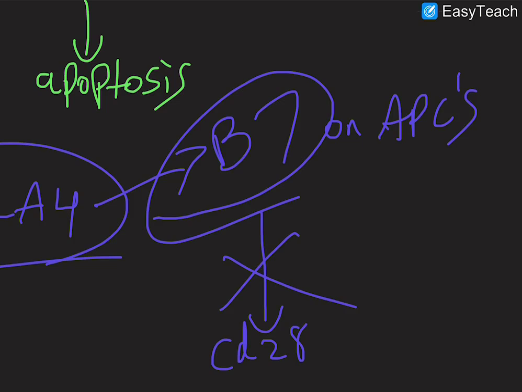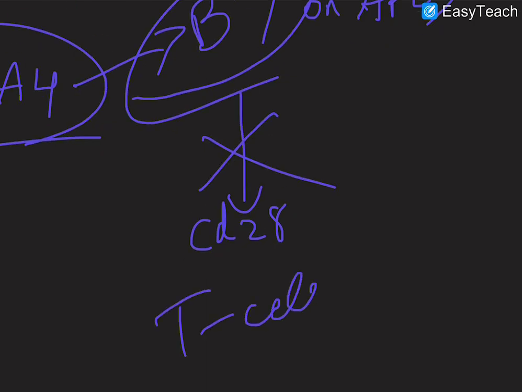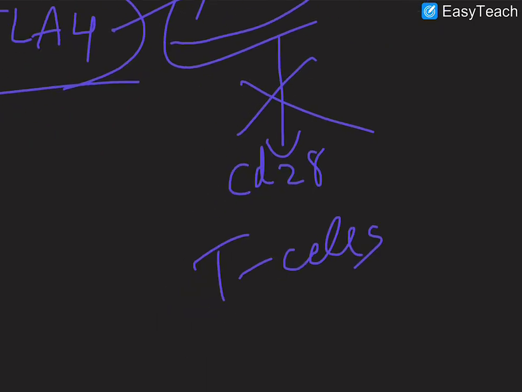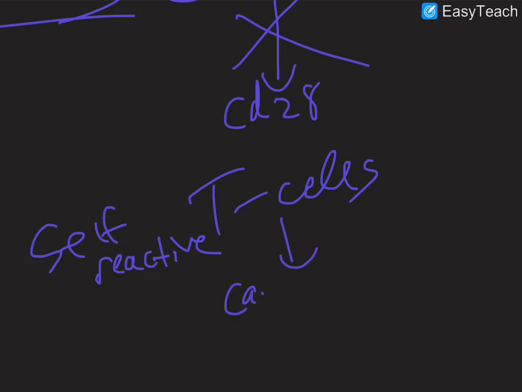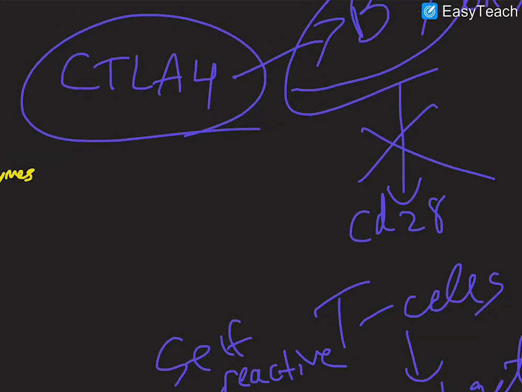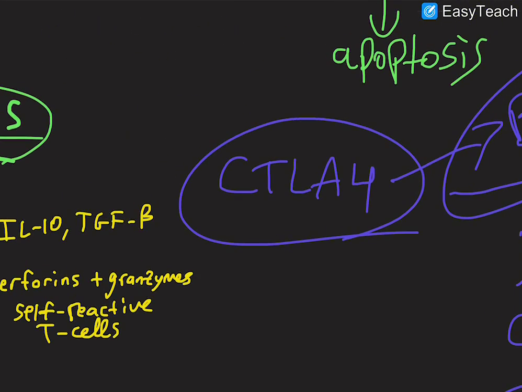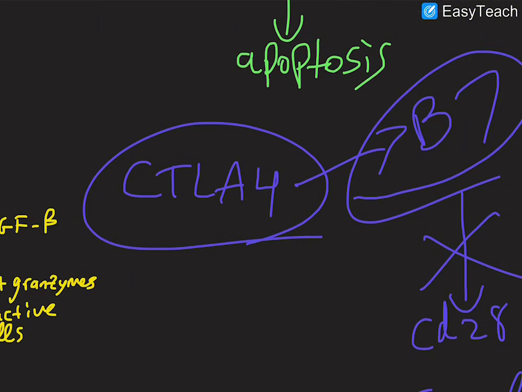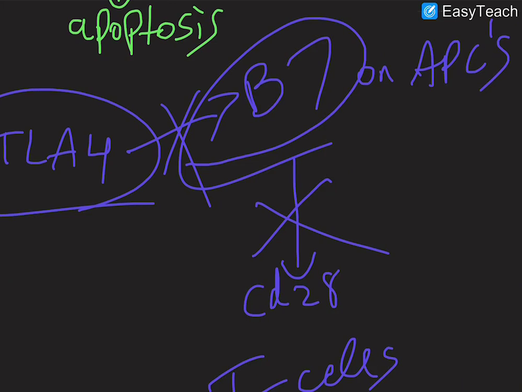On T cells. So that means T cells, in this case self-reactive, cannot get activated, right? Cannot get activated. So that's one way where regulatory T cells induce peripheral tolerance, right?